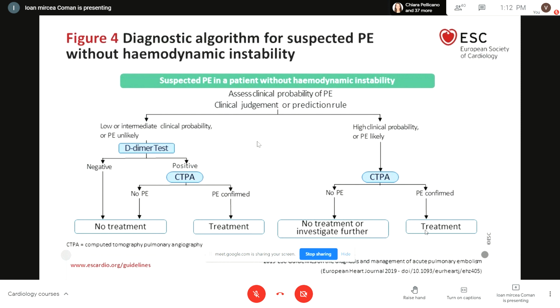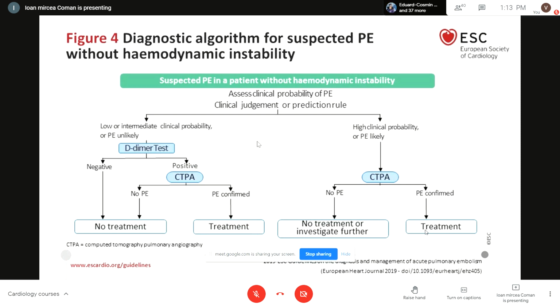So we spoke till now about what to do with a patient with hemodynamic instability, meaning resuscitation, shock, or persistent hypotension and low perfusion of tissues. So in this condition, we shall as quickly as possible go to echo in the emergency room and as quickly as possible to CT.